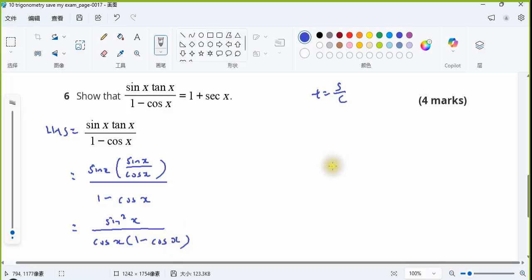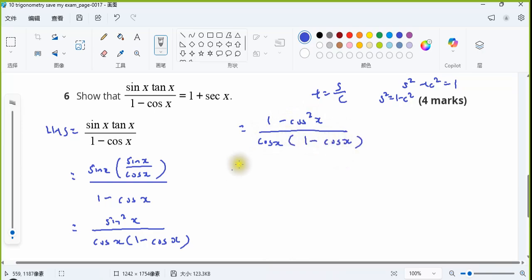Okay. Sine square, we know that sine square plus cos square equal to 1, so sine square is 1 minus cos square. So 1 minus cos square x over cos x multiplied with 1 minus cos x. We have a square minus b square is a plus b multiplied with a minus b.